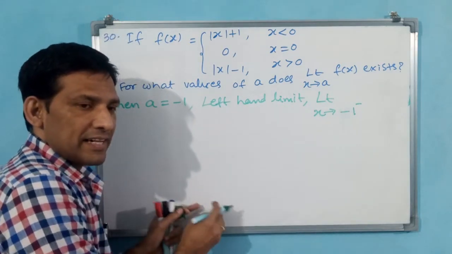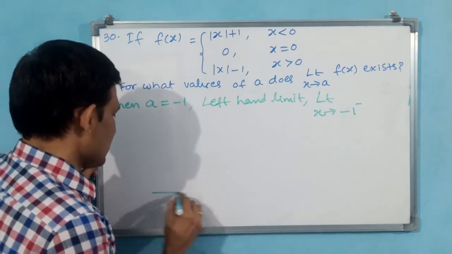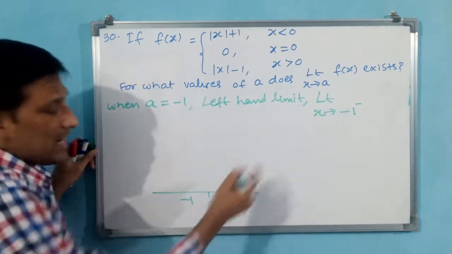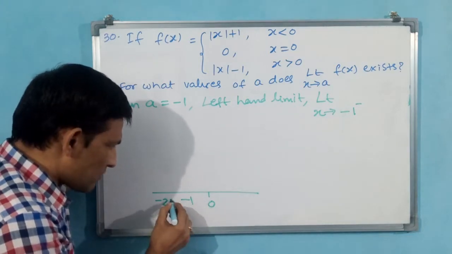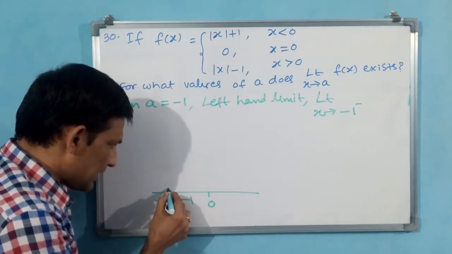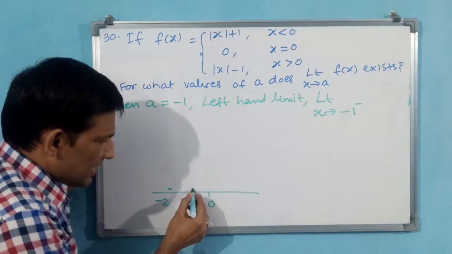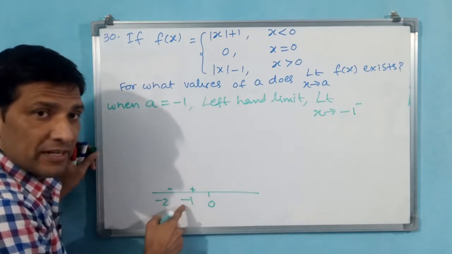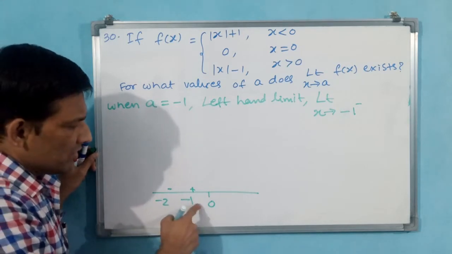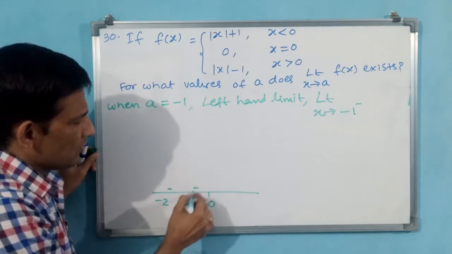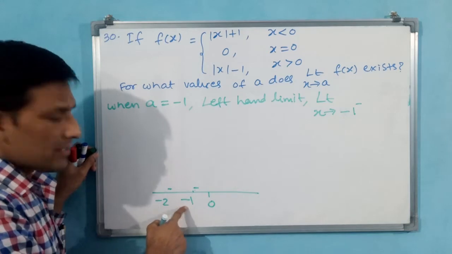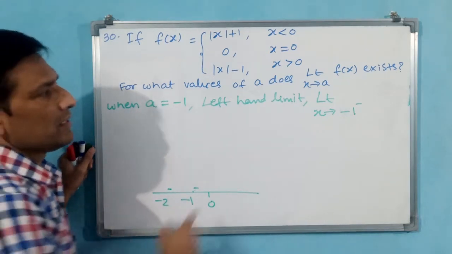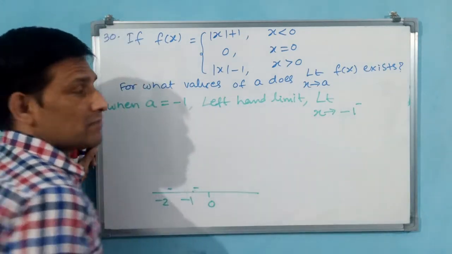Where does it lie? Towards -2 this side it is small, towards this side it is plus. Still, this is also minus only. -1 left hand, -1 right hand, both are minus only. Slightly less than -1.